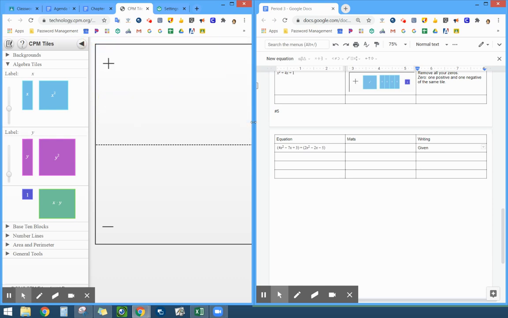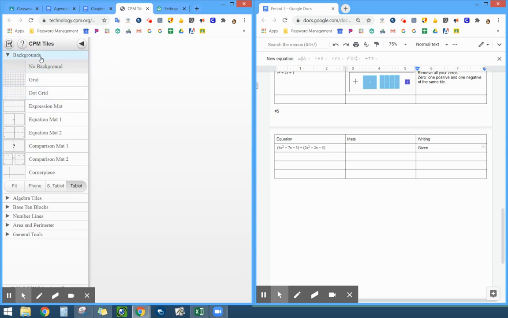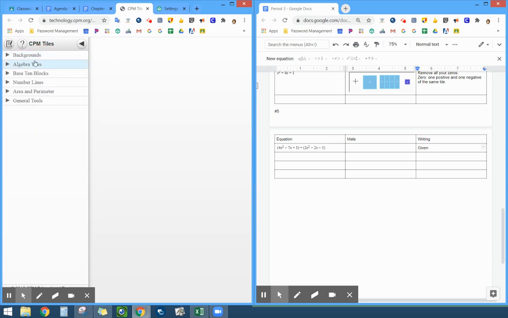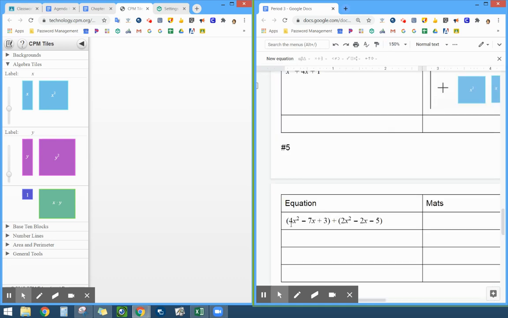For your algebra tiles, we actually don't need any backgrounds, so you can remove your background if you'd like. And then we're going to draw 4x squared, and I'll make this a little larger. We're going to draw the 4x squared minus 7x. 1, 2, 3, and 4.